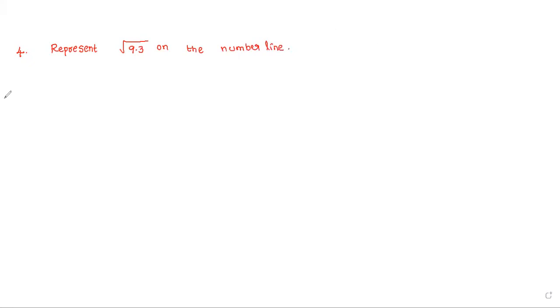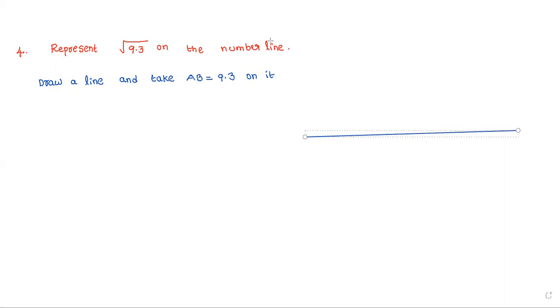First step, draw a line and take AB equal to 9.3 on it. So I will join the line A, B.